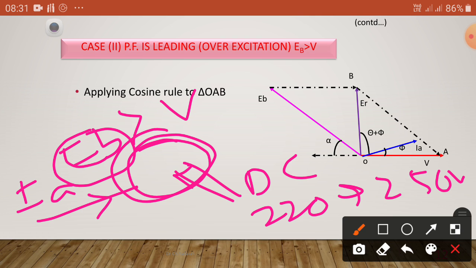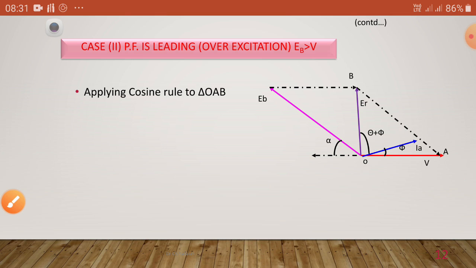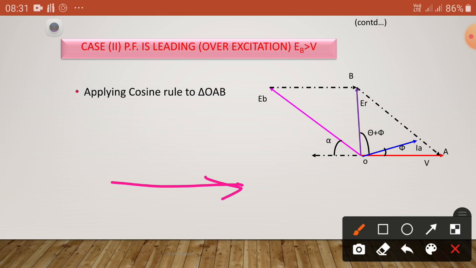Once the power factor is leading, what will happen? You can see, draw the vector diagram. This is the vector diagram. Here, similar to the previous cases, the current now leads the voltage by an angle of phi.